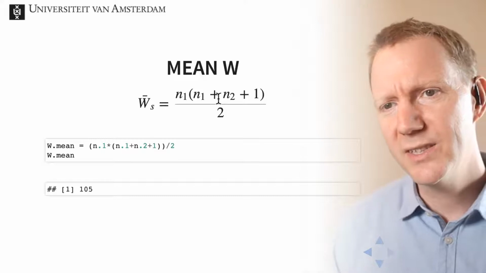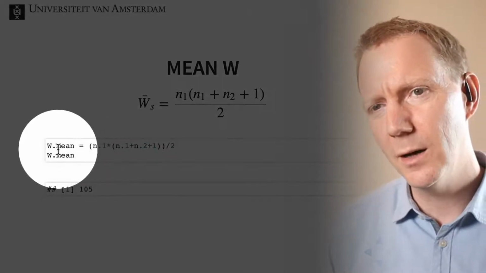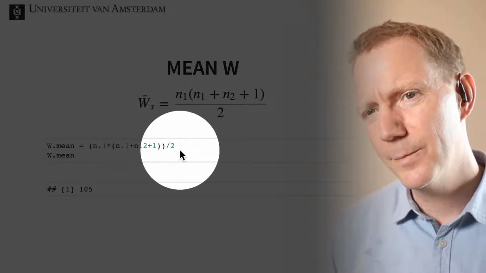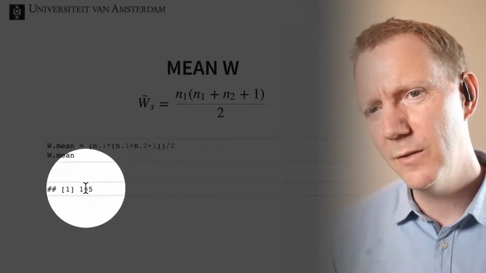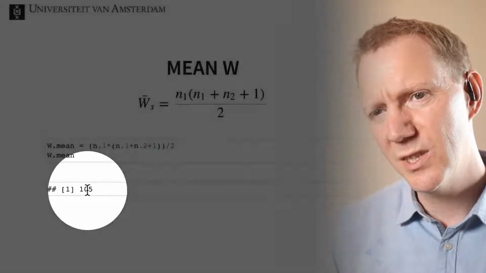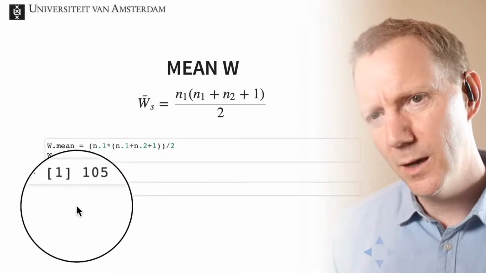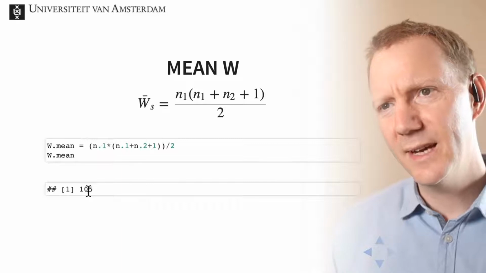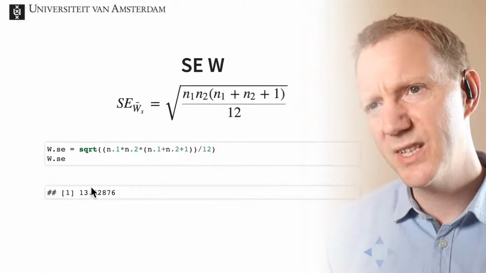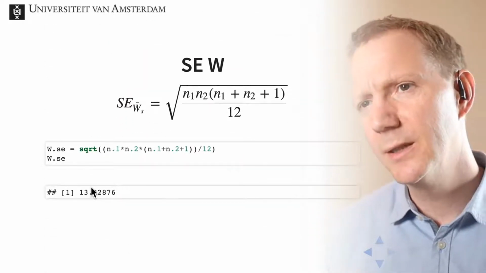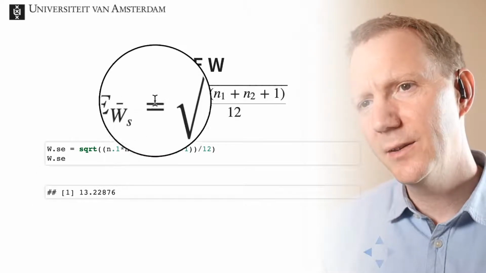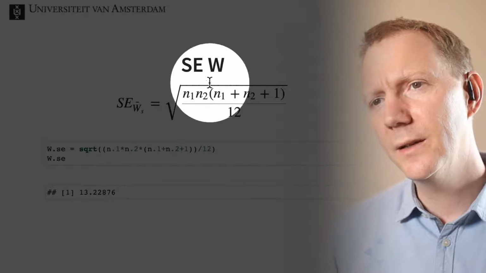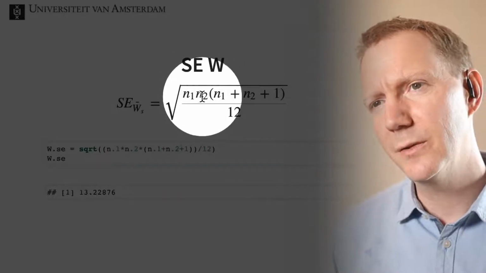So if you apply this in R, we get the mean value for W, which is 105. Then in the next step, we have to calculate the standard deviation, or the standard error, sorry, of this W. It is again calculated using only the sample sizes for the different groups.